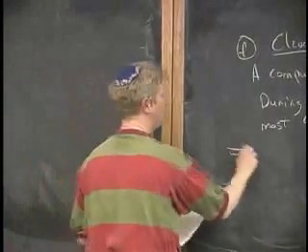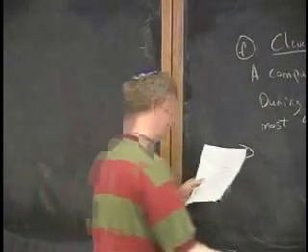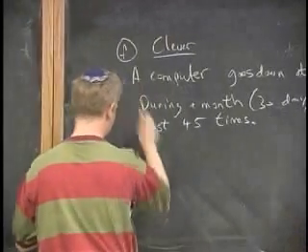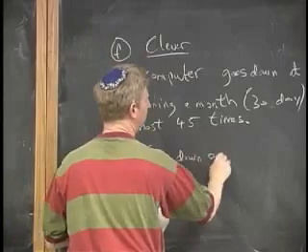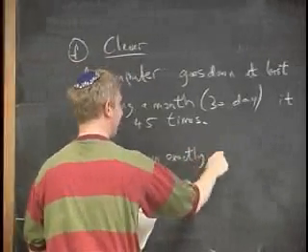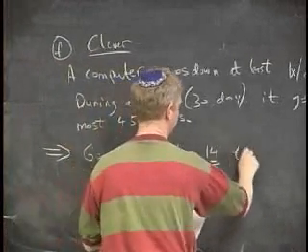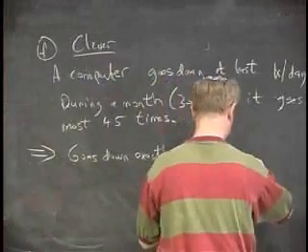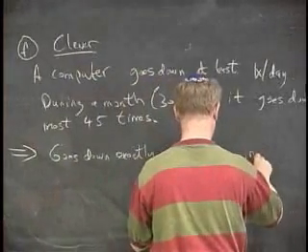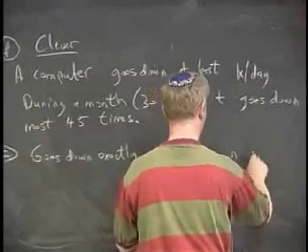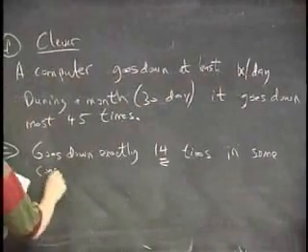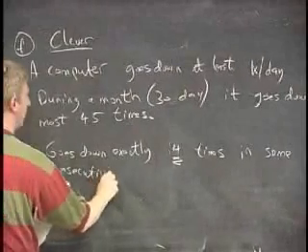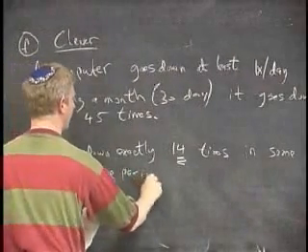Here's what we have to prove. Prove that this implies the following: it goes down exactly, not at least, but exactly 14 times in some consecutive period of days.